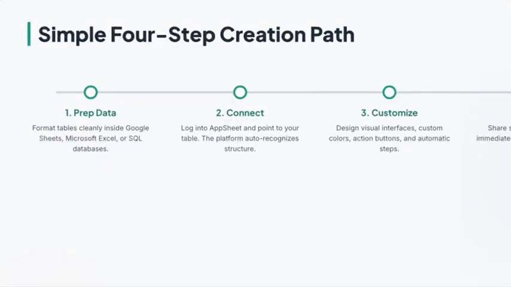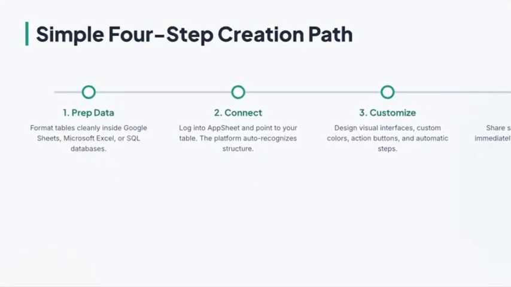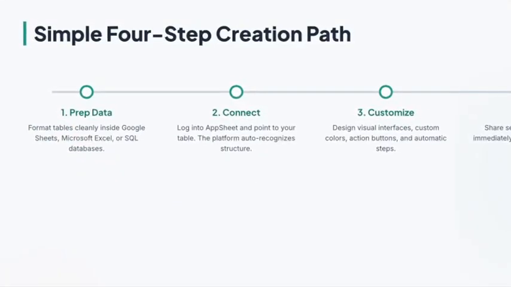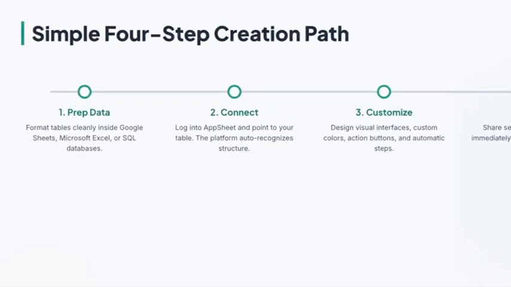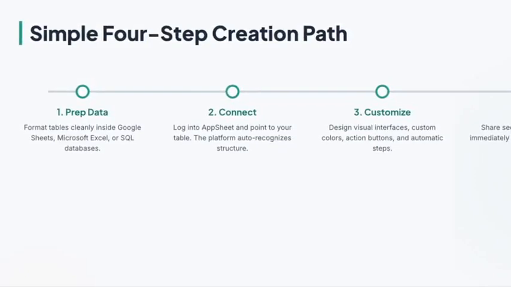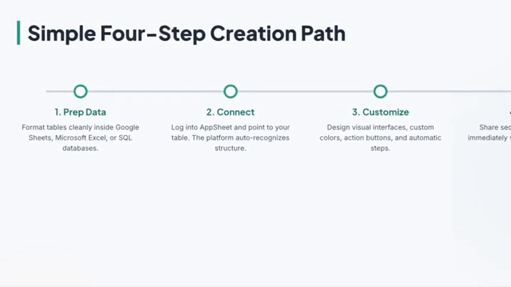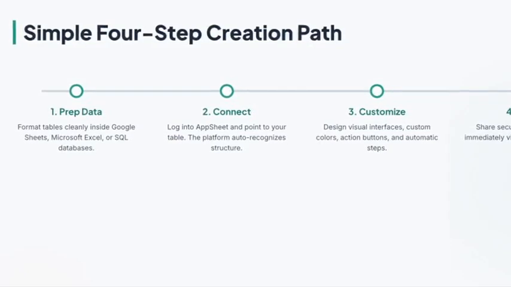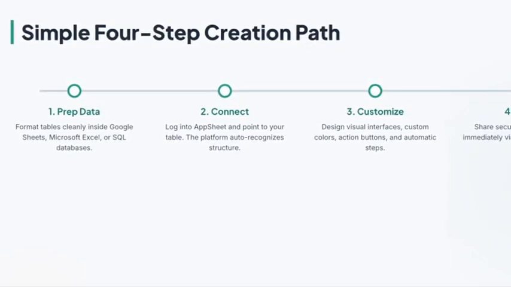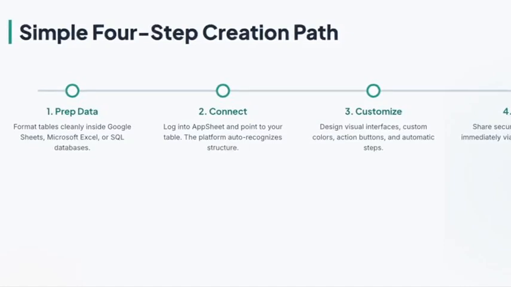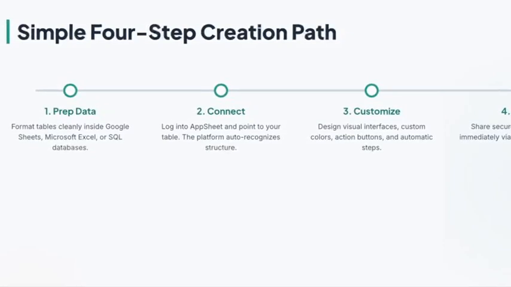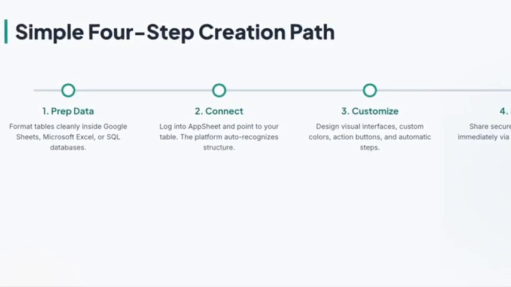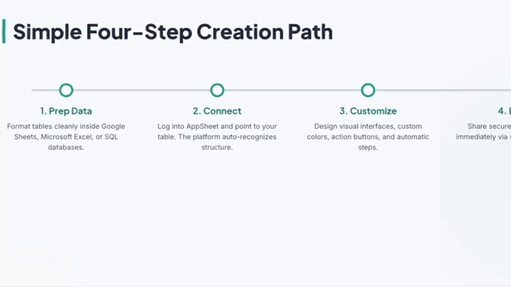So guys, next let's understand the simple four-step creation path to build an app from scratch. It boils down to four straightforward steps. The first step is to prepare your data. Make sure your Google Sheet or Excel table has clear, labeled headers like item name, quantity, and status. The second step is to connect your data.